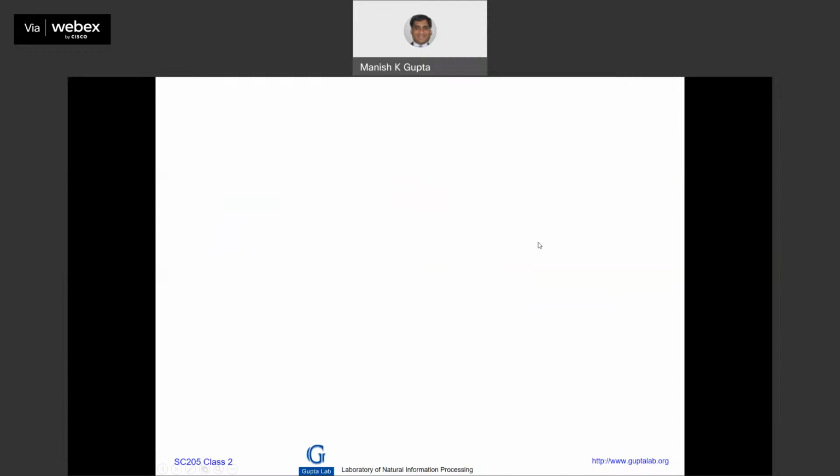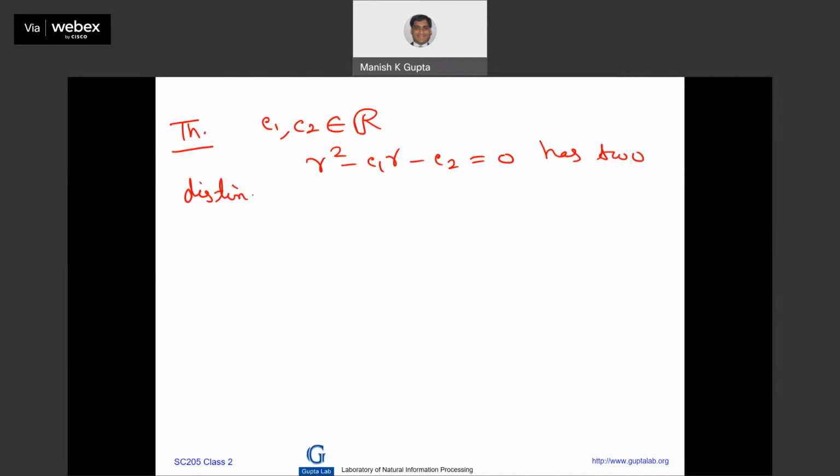So in fact, I am going to mention a theorem. Suppose c1 and c2 are real numbers, and suppose r square minus c1 r minus c2 is equal to 0 has two distinct roots. This is the auxiliary equation, right? r1 and r2.